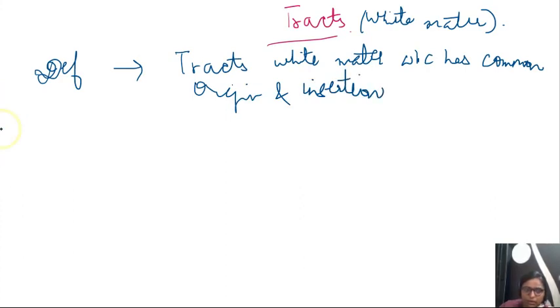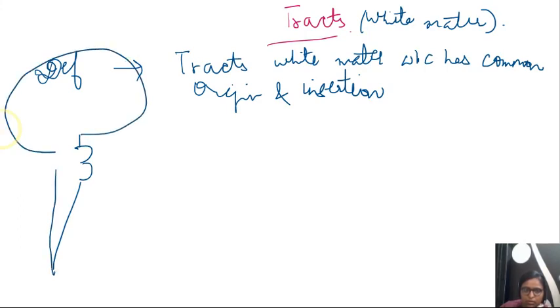See, if I draw the diagram here, midbrain, pons, medulla, your spinal cord, this is your cortex. Okay, so what are tracts? Tracts are running in the fashion of upward to downward and downward to upward.